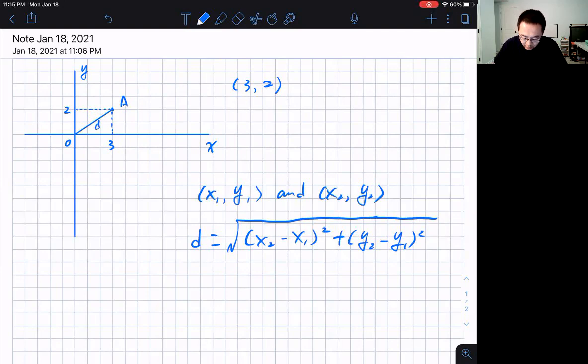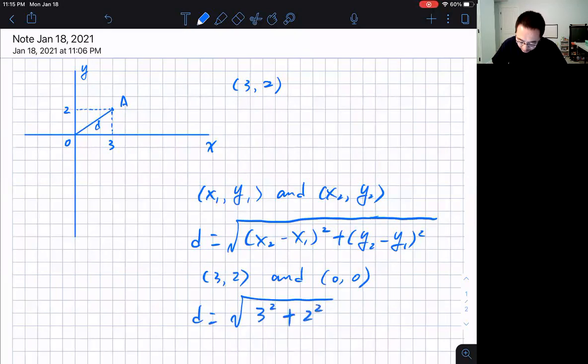So we are using 3 and 2, and 0 and 0. The distance in that case would be the square root of 3 squared plus 2 squared, which is the square root of 13. So that would be that little distance right there. I hope that makes sense.